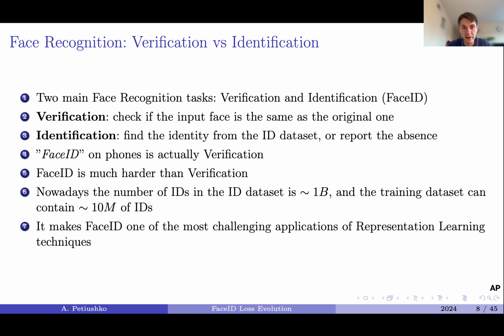It makes face identification one of the most challenging applications of representation learning techniques. That's why we are going to look into the history of face ID losses as approaches to tackle the problem of representation learning, as well as losses on top of it.